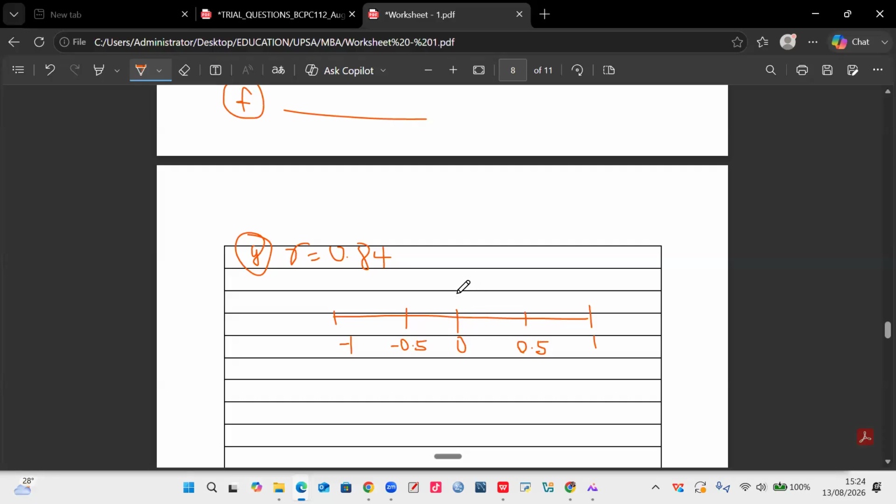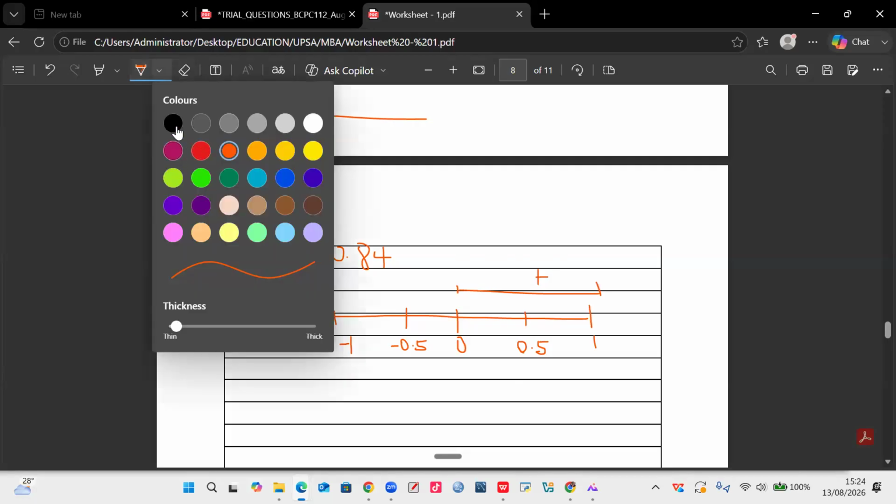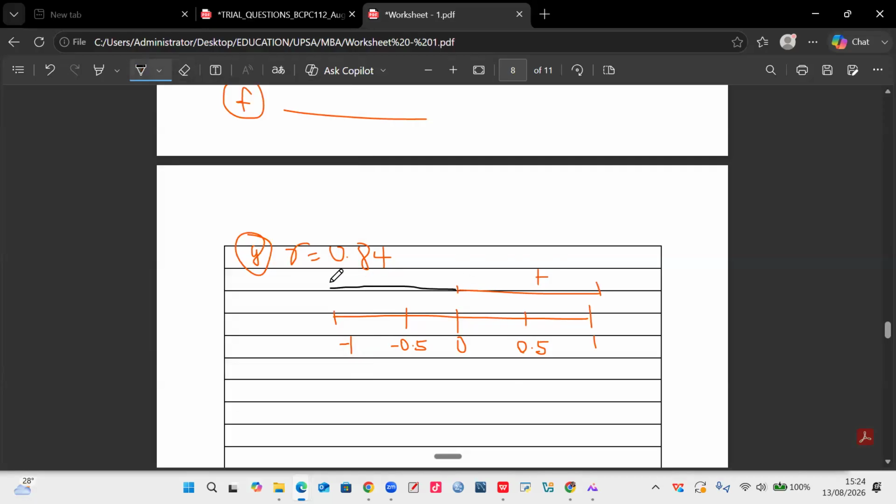From 0 to the right, we say it is positive. From 0 to the left, we say it is negative. From 0.5, we say it is strong. I think it's strong and weak positive, so let's keep it that way.